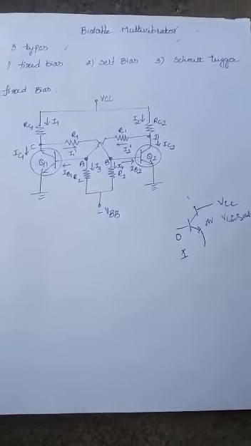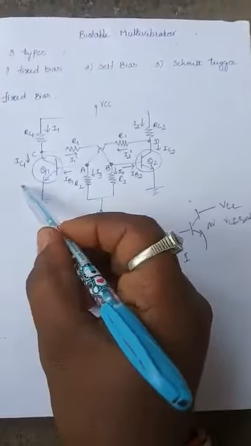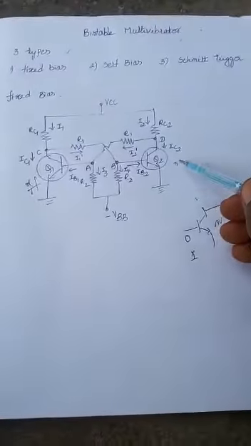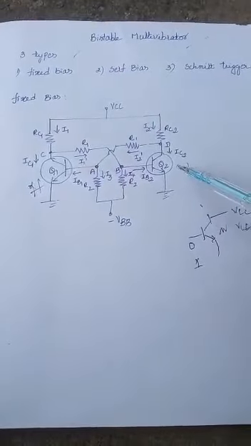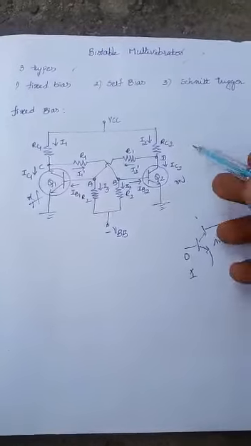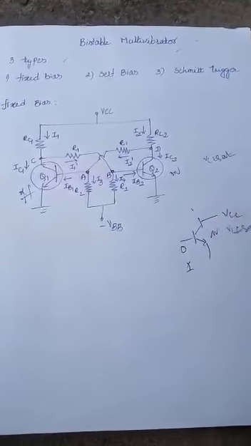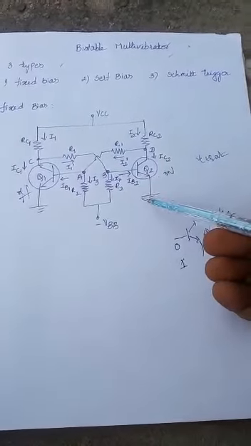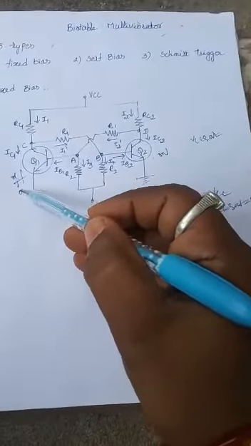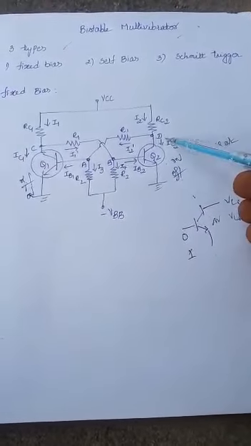Now first let us assume that Q1 is in off condition and Q2 is in on condition. If Q2 is in on condition, what is the voltage at node D? Voltage at node D is VCE SAT. And the second case: if Q1 is in on condition and Q2 is in off condition, what is the voltage at node D?